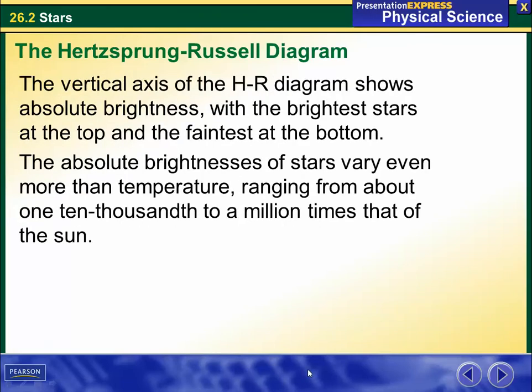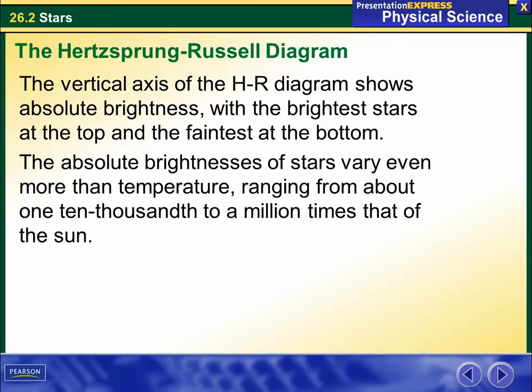The vertical axis of the HR diagram shows the absolute brightness, with the brightest stars at the top and the faintest at the bottom. The absolute brightness of stars varies even more than the temperature. There are some stars with an absolute brightness that is 1/10,000th of the sun, meaning take the sun, divide it by 10,000, so it's much less than the sun.